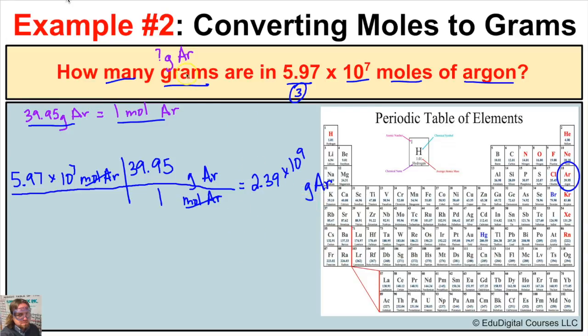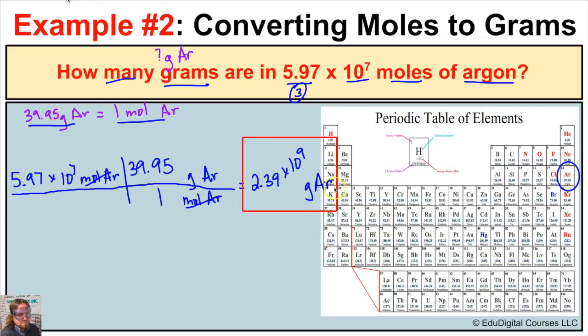Okay, so if we have 5.97 times 10 to the 7th moles of argon, it looks like we just figured this out. It's going to equal 2.39 times 10 to the 9th grams of argon.